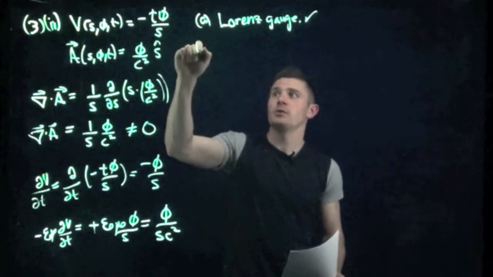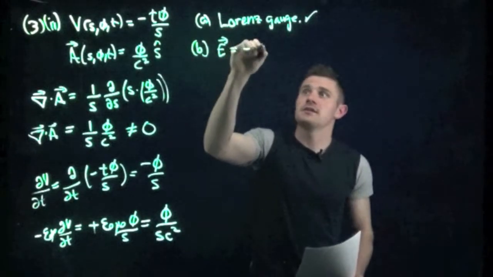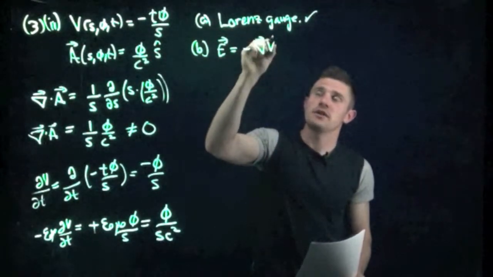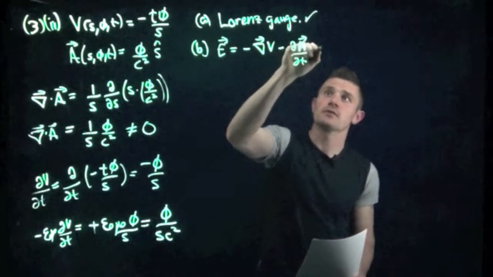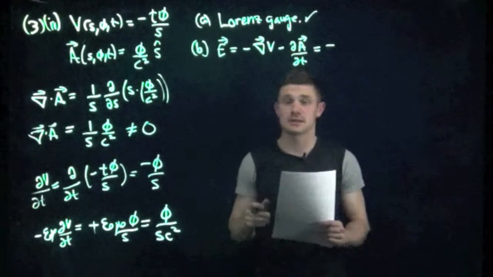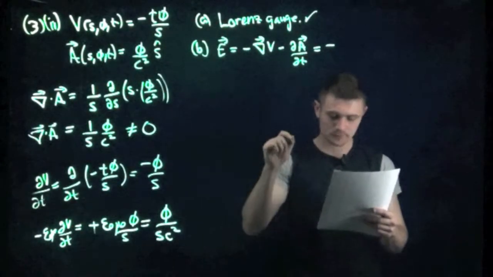Okay, now part B, we want to find the electric field. And again, we recall that this is equal to the negative gradient of the scalar potential, subtracting off the time derivative of our vector potential, which is here. Now we are in cylindrical coordinates, so we want to use the gradient in cylindrical coordinate space.